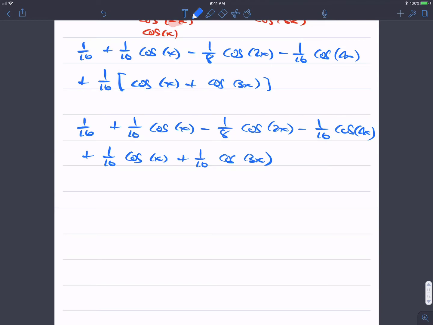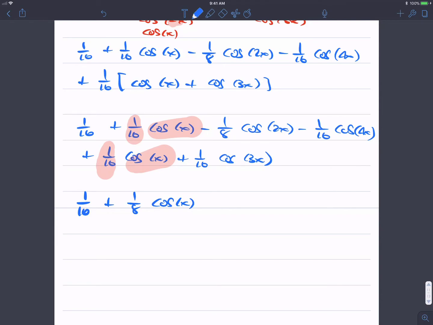So if we look at this, I think we can simplify here. 1/16 plus 1/16 for my cosine x is 2/16, which is 1/8.